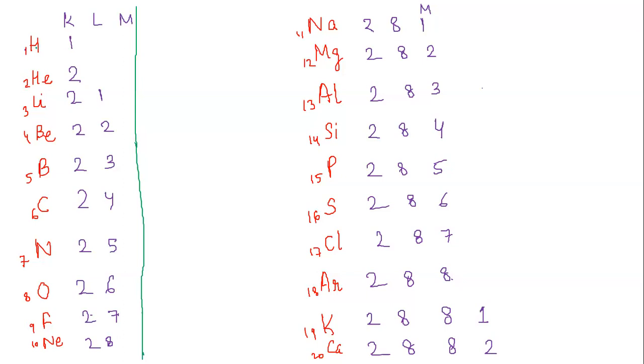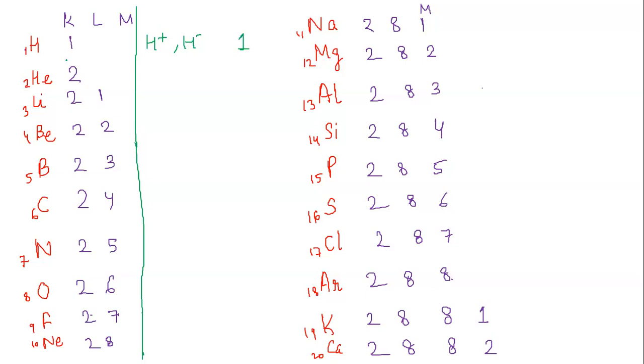Now you know that hydrogen can lose 1 electron, and it can gain 1 electron. So it can form H plus, and it can also form H minus. The number of electrons lost or gained to complete the outermost shell: for hydrogen the outermost shell is the K shell. To complete the doublet, it needs just 1 electron, or it needs to lose 1 electron. So valency will be 1.